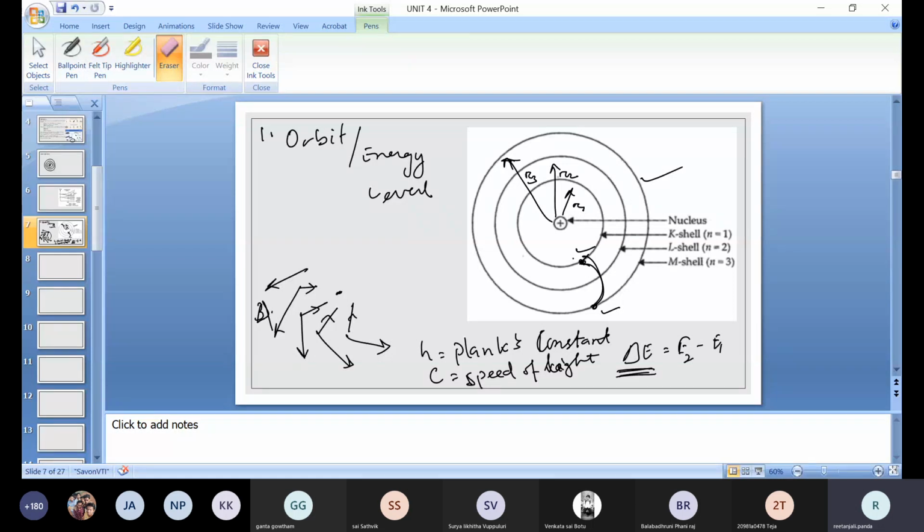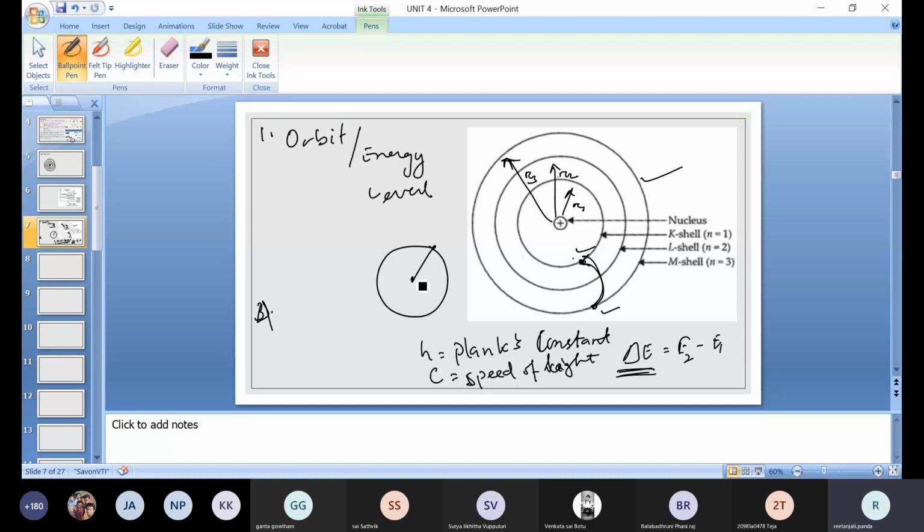And for an electron present in, let us consider, the K shell, its amount of angular momentum is fixed because this distance is fixed. To calculate this angular momentum, let us consider this is the center of the nucleus, and this is the electron at distance r.